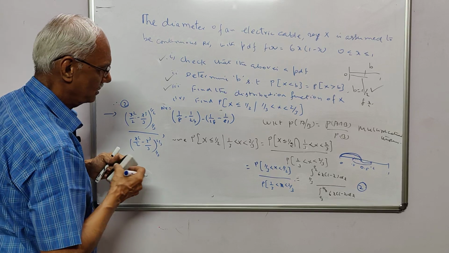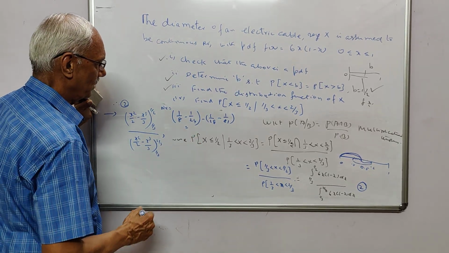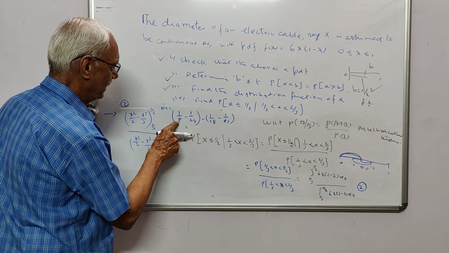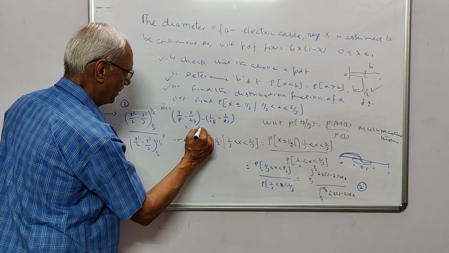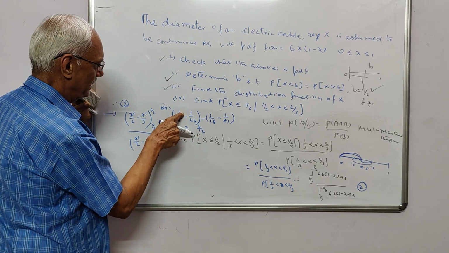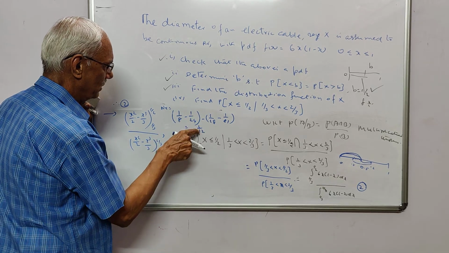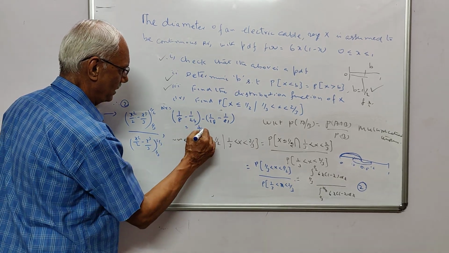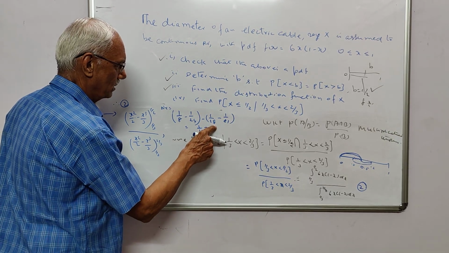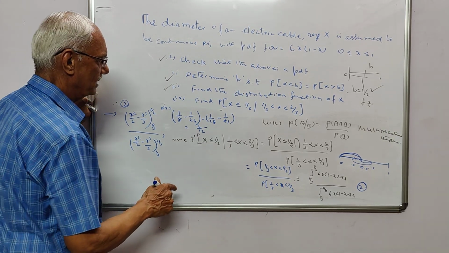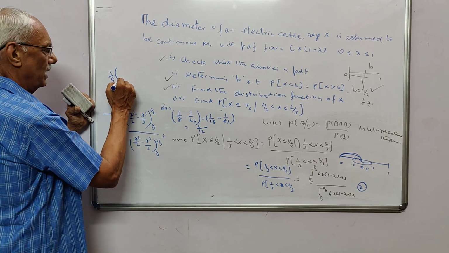So I'll write it here. What will you get here? 3 minus 1 is 2, so 1 by 12. Multiply this by 3 and this by 3, 24, 3 minus 1 is 2, 2 by 24, 1 by 12. Minus, this is 81. If you simplify, you take 1 by 9 out.